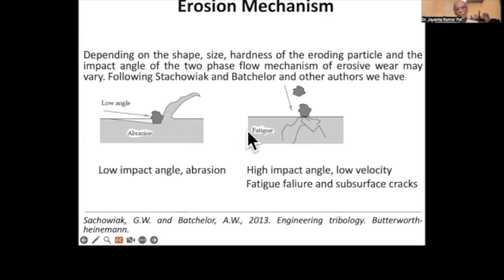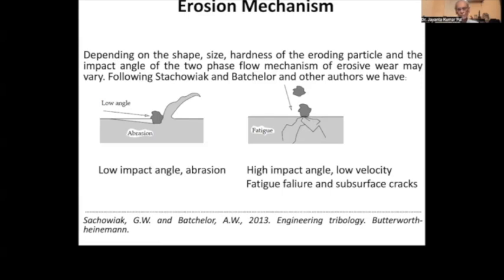But if the particle comes and hits almost vertical, then it produces a different type of stress distribution at the contact, and it produces cracks, and we may have a fatigue failure.